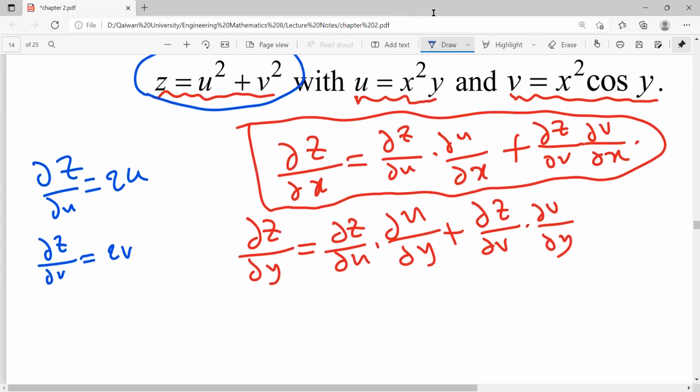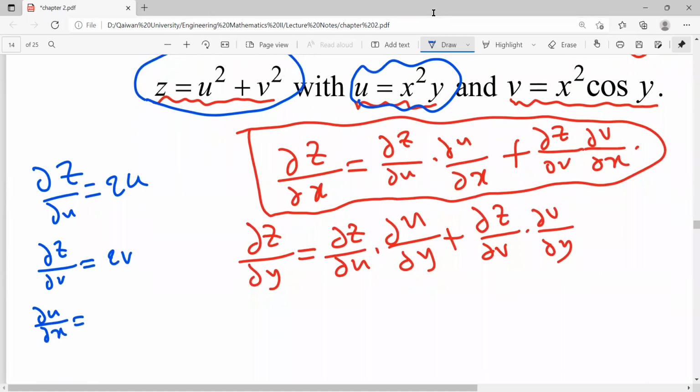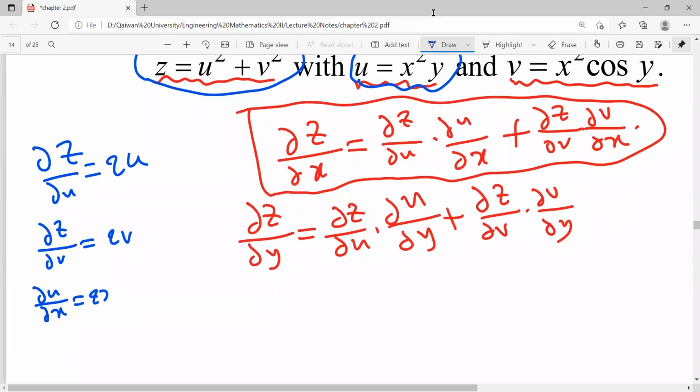Yeah. And then what's partial u by partial x? This is u. If we take the derivative of this function with respect to x, what do we get? It's 2xy. Since y is a coefficient, it's not a separate term. Yeah. Here we get 2xy.